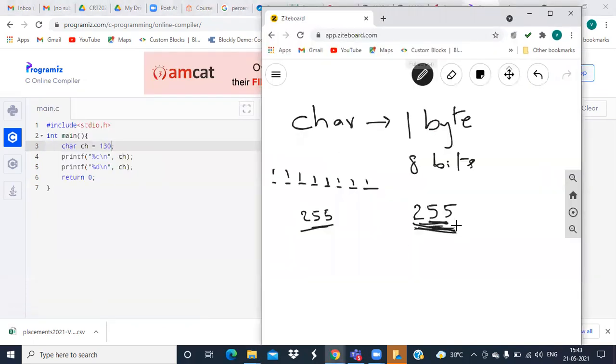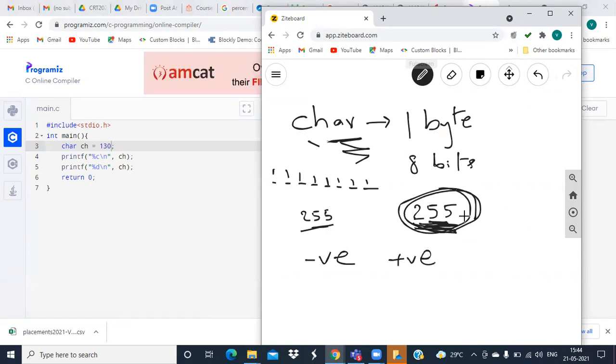I said 255 is the maximum number that you can store, right? But this is not really correct, because whenever a data type is defined, the values that can be stored in that data type are equally distributed between negative and positive values.